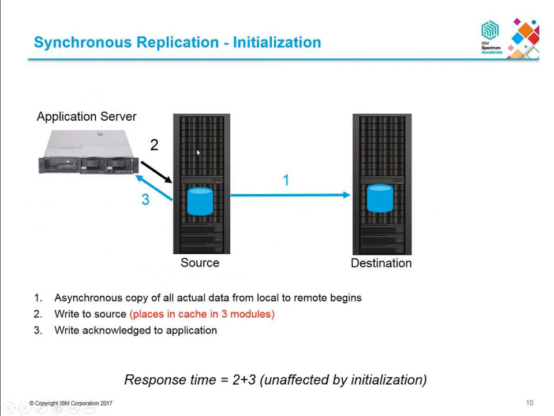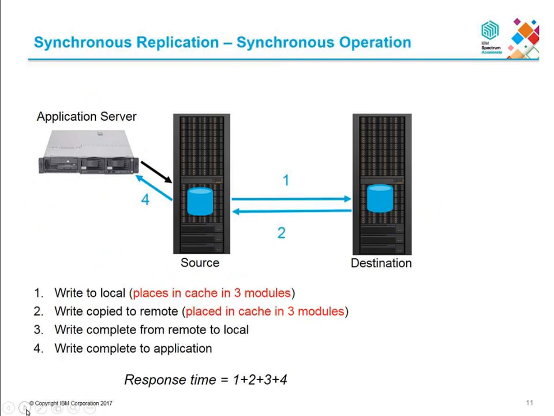So I do not have the distance penalty while the relationship is in the initialization stage. It's only when I go to the synchronous operation and I've got the 2 in sync, I'm going to keep them in sync, but I then have the additional latency due to the distance.